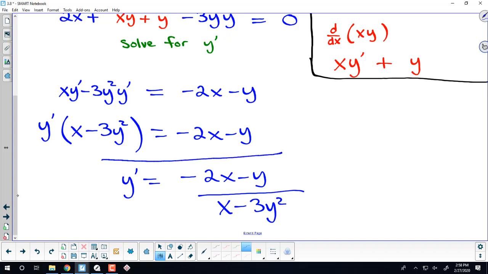And that's our derivative. All of these take varying forms, but that's the idea. To solve for y prime, you isolate the terms with y prime, factor it out, and divide through by what's remaining. So there's our derivative. Any questions on that?